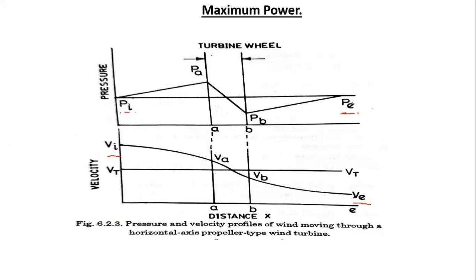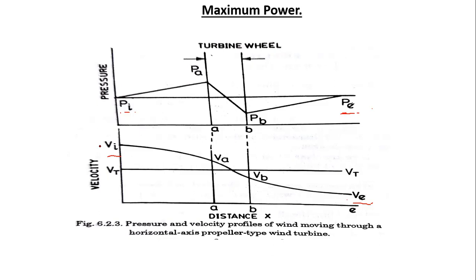Next, if you observe the velocities of downstream and upstream, which one is lower? Ve is lower. Downstream Ve is lower than Vi, so Ve will be less than Vi because kinetic energy is extracted by the turbine.